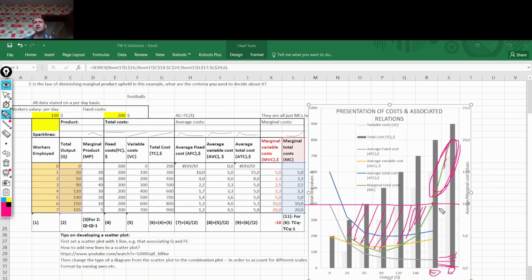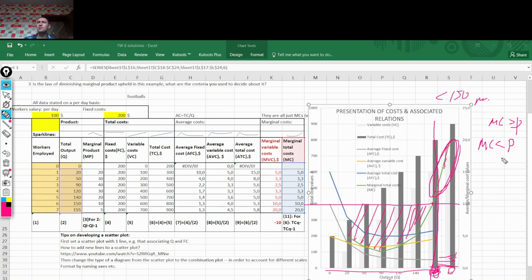So you will stop increasing your production volume at that point. You'll produce up to 150 balls per day, because after that point the marginal costs exceed the price on the market. Below that threshold, below 150, the marginal costs are less than the price prevailing on the market.